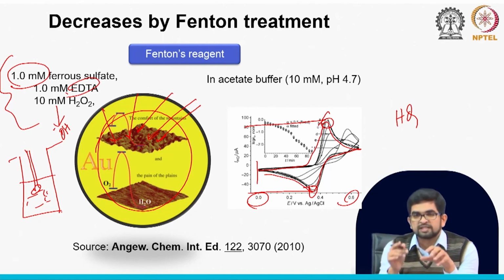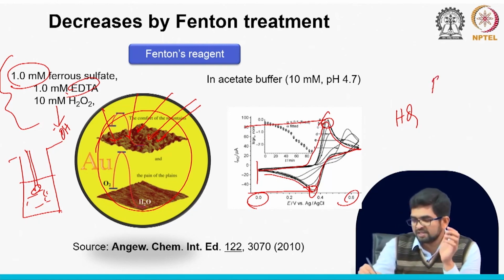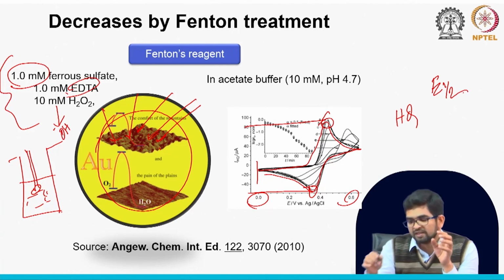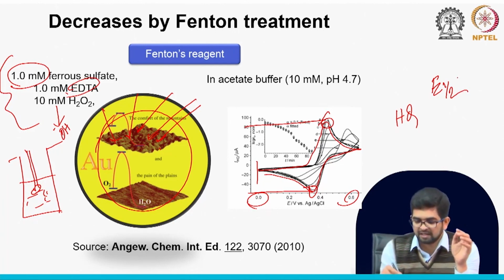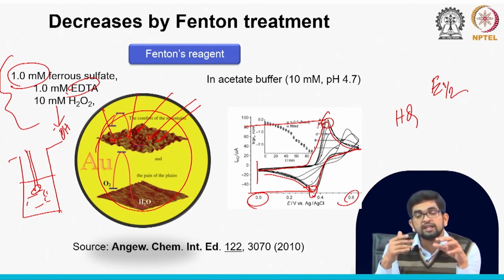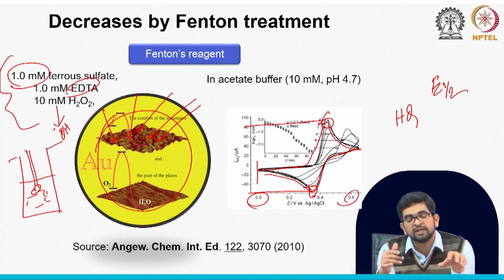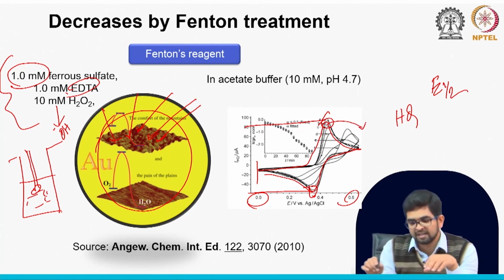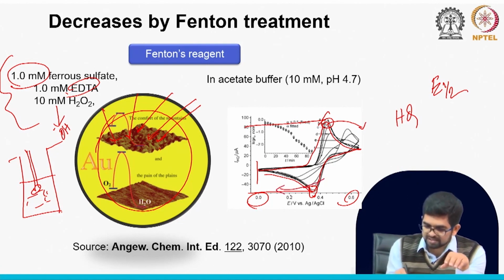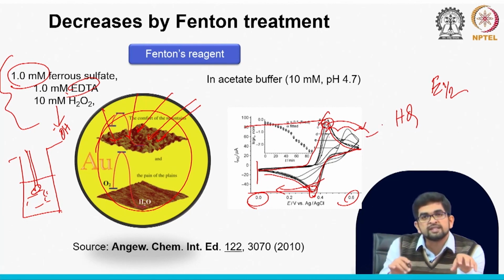If their oxidation and reduction peaks are very close, it means the E half value is very low, and you are getting high oxidation current and reduction current. It means your surface is highly electrocatalytically active. Now if the oxidation peak is shifted towards the right, and the reduction peak is shifted towards the left, and current also decreases, it means your electrocatalytic activity is slowly decreasing.